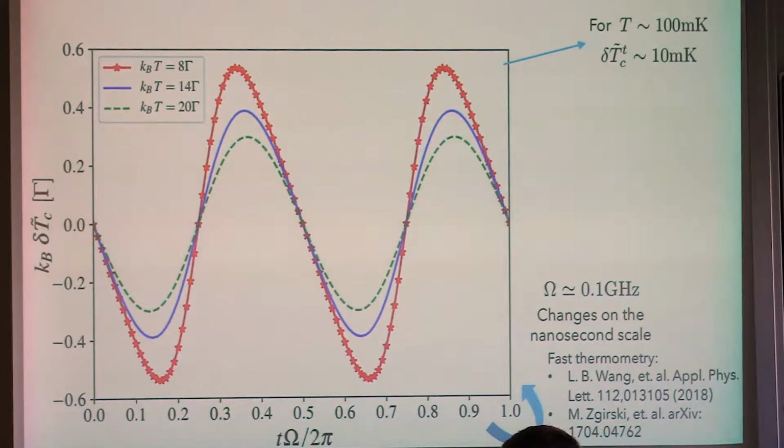As the temperature increases, for example for the green curve, the amplitude decreases, and this means that in the classical high temperature limit both predictions will be the same, because in the classical high temperature limit the tunneling does not contribute to the heat.